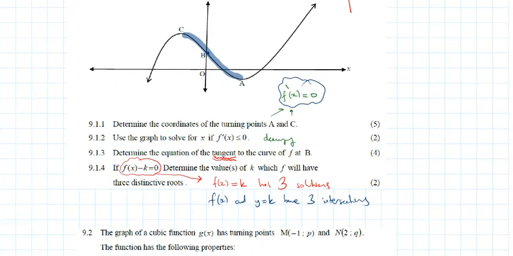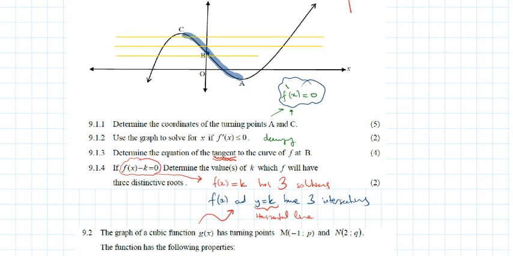It's a horizontal line. So this is my cubic function f of x, and this y is equal to k is the horizontal line. So how can we have a horizontal line intersecting 3 times? So then you will just take your ruler. You see, that's one of the examples. It intersects 3 times. So any horizontal line between the turning points, we are fine with that.